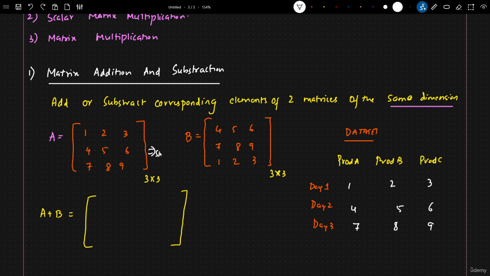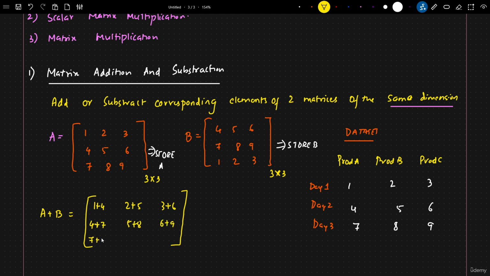Let's consider that I have another store, and this can be the data of store B. At the end of the day, I really need to do the summation of all these stores with respect to the product, right? So when I do this addition, 1 plus 4 is 5. I will write 1 plus 4, then 2 plus 5, then 3 plus 6, then 4 plus 7, then 5 plus 8, then 6 plus 9, right?